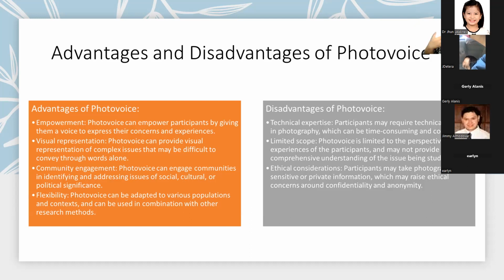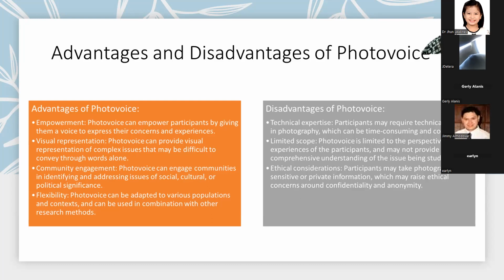So of course, if you don't have the technical know-how, that's a disadvantage to you. Limited scope because sometimes maybe you don't really know the perspectives. You don't understand the whole thing, so what you share is limited. Meaning maybe the photos they send you will not be related to your topic.